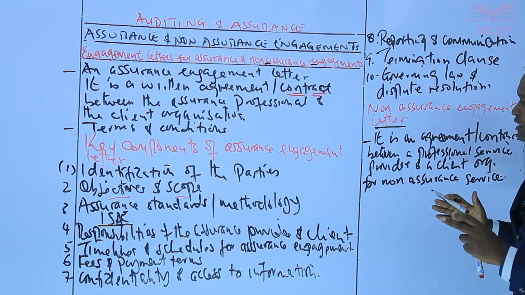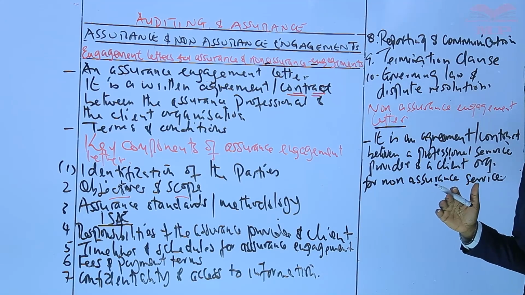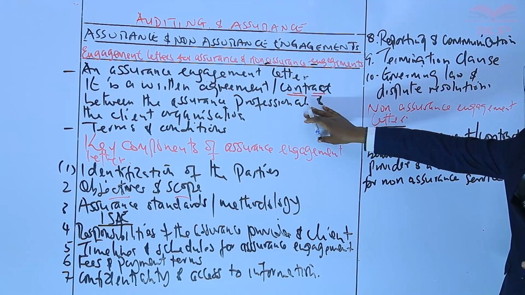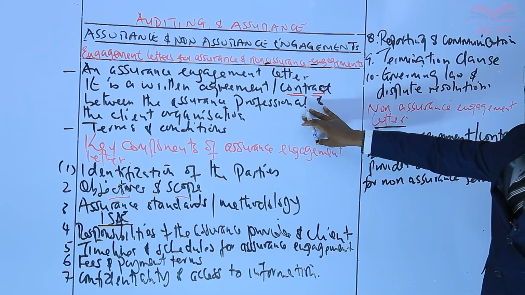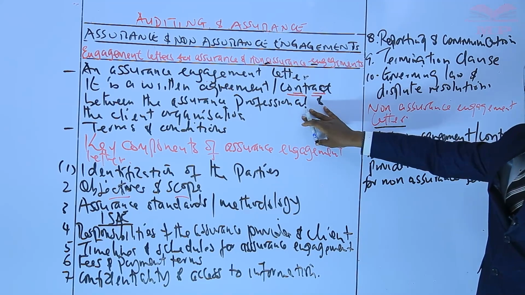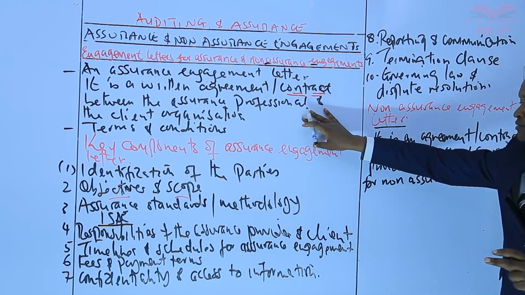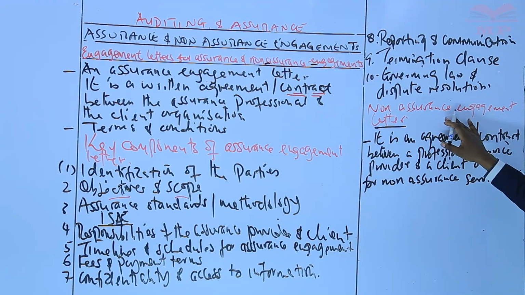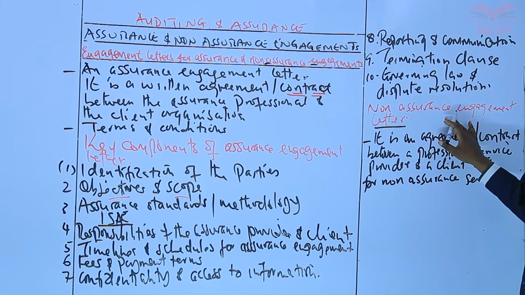And that is the main distinction between these two engagements. In an assurance engagement, the professional is required to provide assurance or express an opinion on the subject matter. But in a non-assurance engagement, the professional is not required to provide assurance or express an opinion on the outcome.